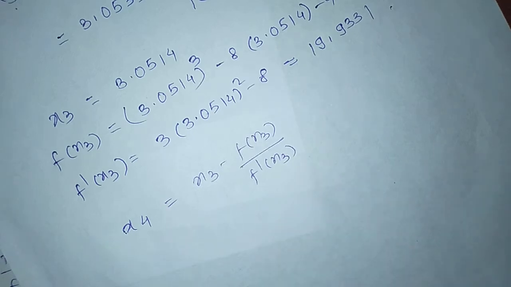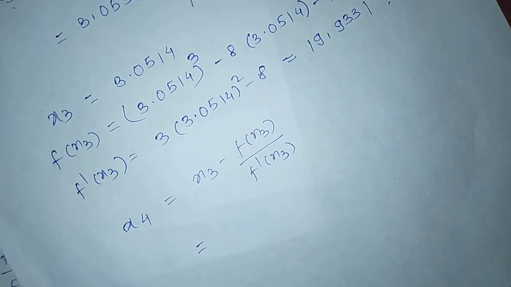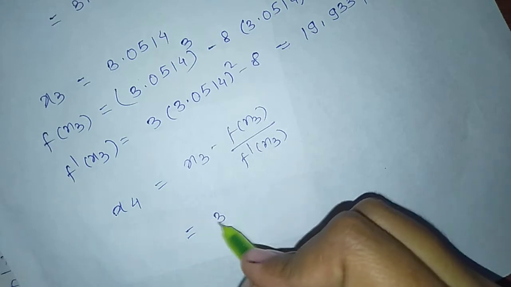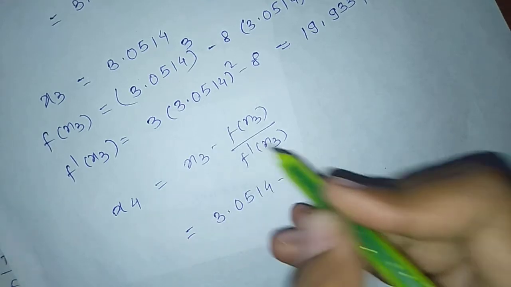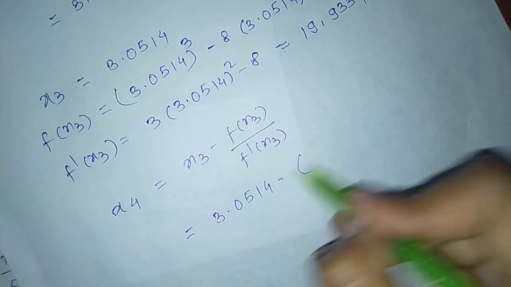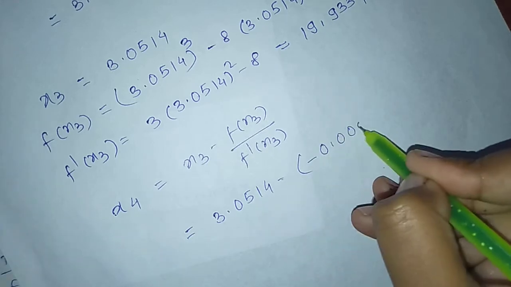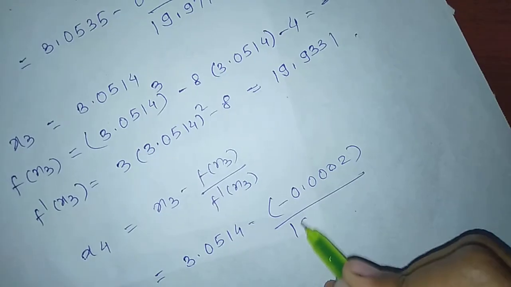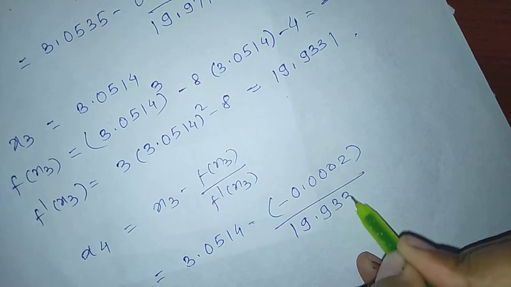We get the value of x4 by putting the values of x3, f of x3, and f dash of x3. x3 is 3.0514 minus f of x3, which is minus 0.002, upon f dash of x3, which is 19.9331.